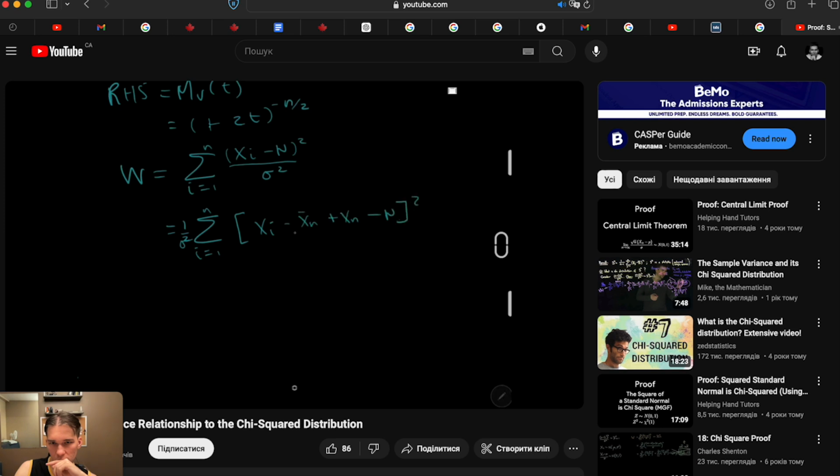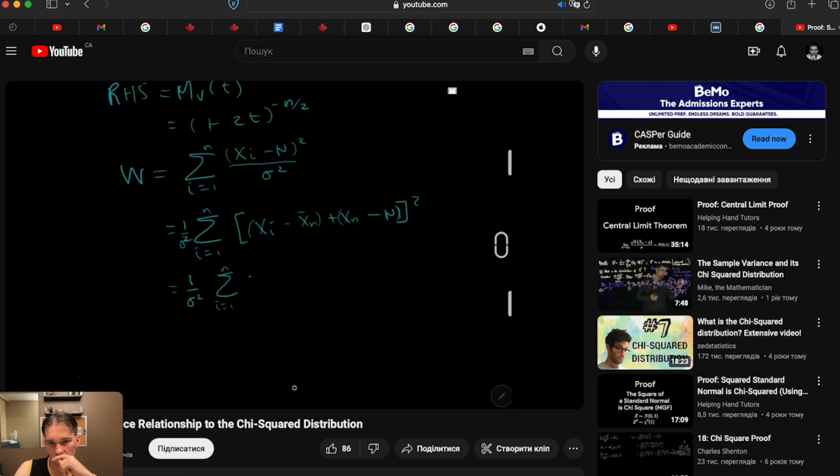Basically, we're adding something and then subtracting something, so we're adding 0 and not changing anything. But what this allows us to do is put brackets here and use the square formula, or the binomial formula.